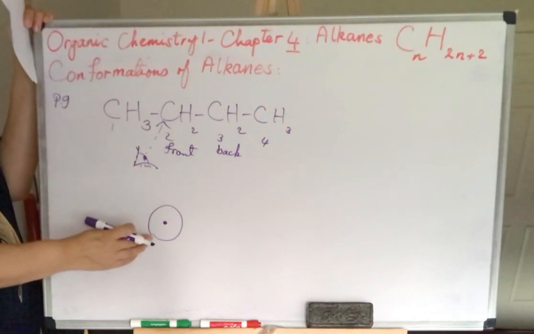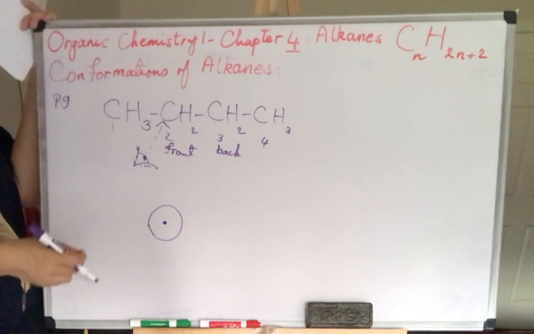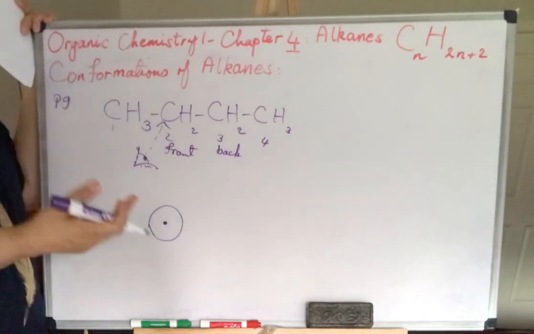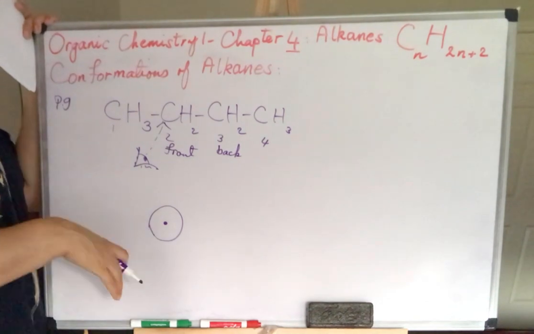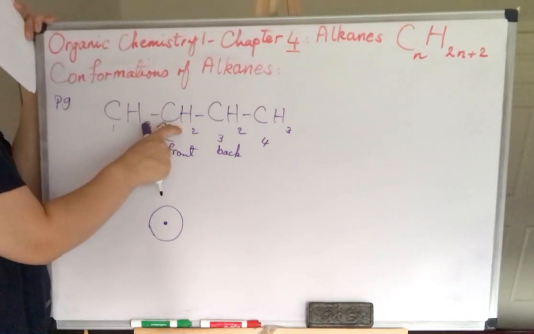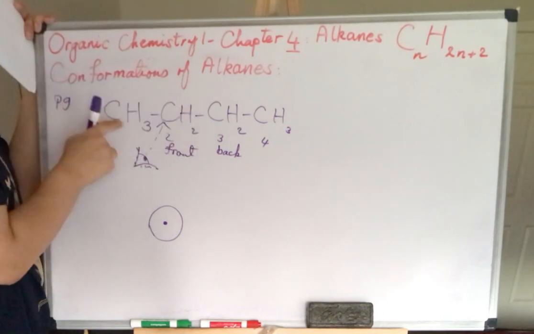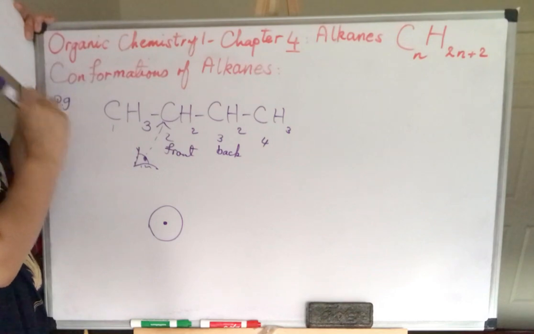It just says one Newman projection. That doesn't specify which one. So let's just go with the one with the 60 degrees distance from each other. So to the front carbon, what do you see? You see 2 hydrogens and a CH3, correct?